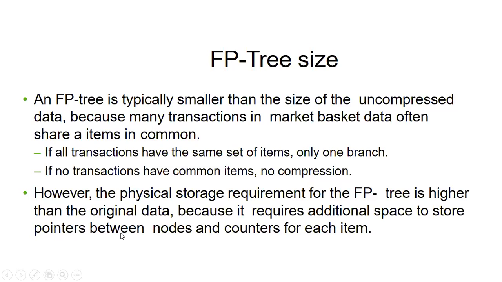However, the physical storage requirement for the FP tree is higher than the original data. Why? Because it requires additional space to store the pointers between the nodes and the counters of each item.